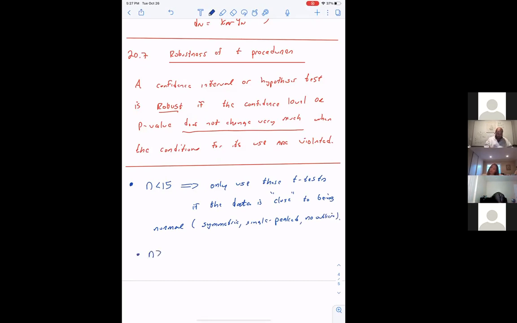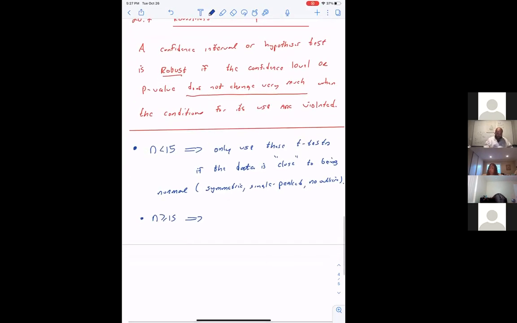If n is greater than or equal to 15, if the sample size is at least 15, then use these t-tests unless there are outliers or strong skewness.